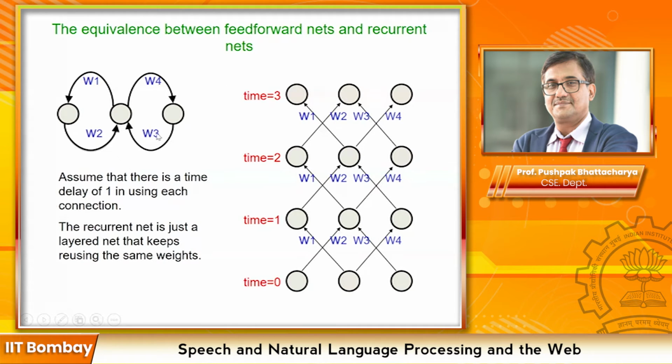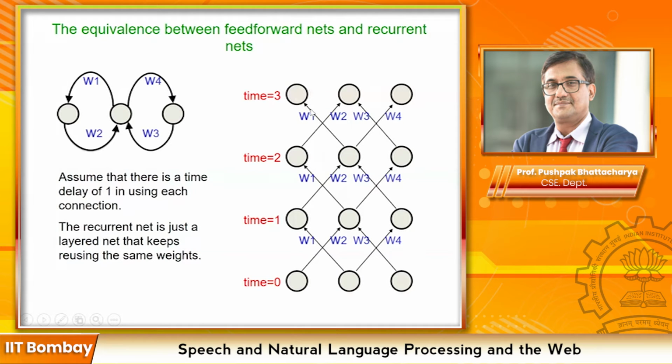Consider the training scenario. The network is going through different time steps, and after time step 3, I know what the output should be. Now this has been unfolded over time, and if this were an ordinary feed-forward network, I would have directly computed the change in weight values after initialization.